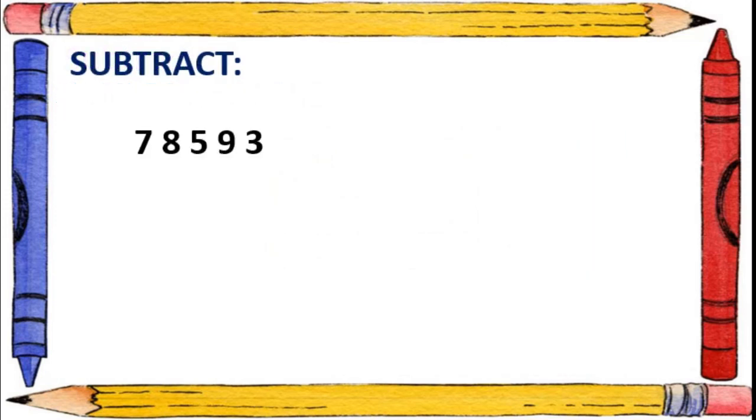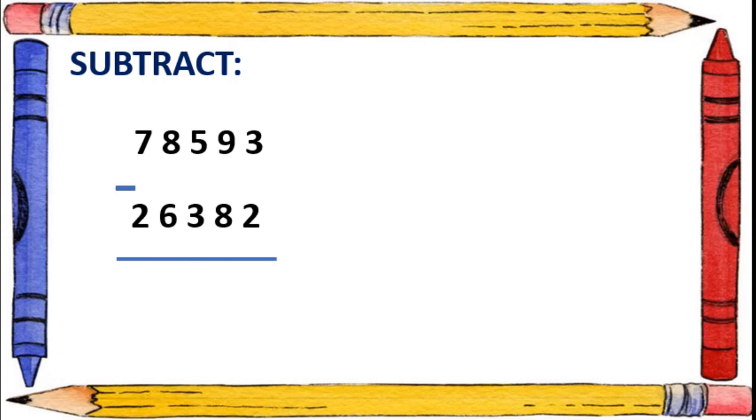Subtract. Now dear students, here we will not make a table. We will try to subtract directly without a table. Okay. This is in vertical arrangement. Now we will start from the right hand side. That is unit place, isn't it?